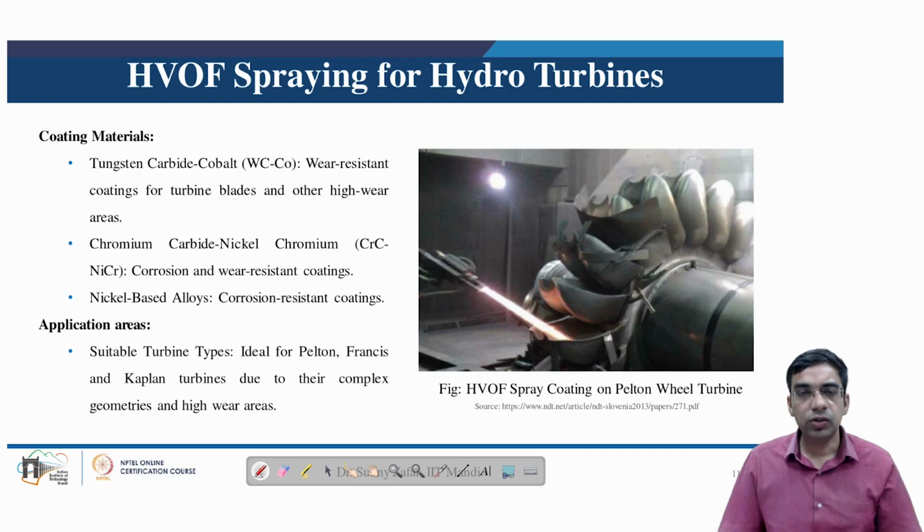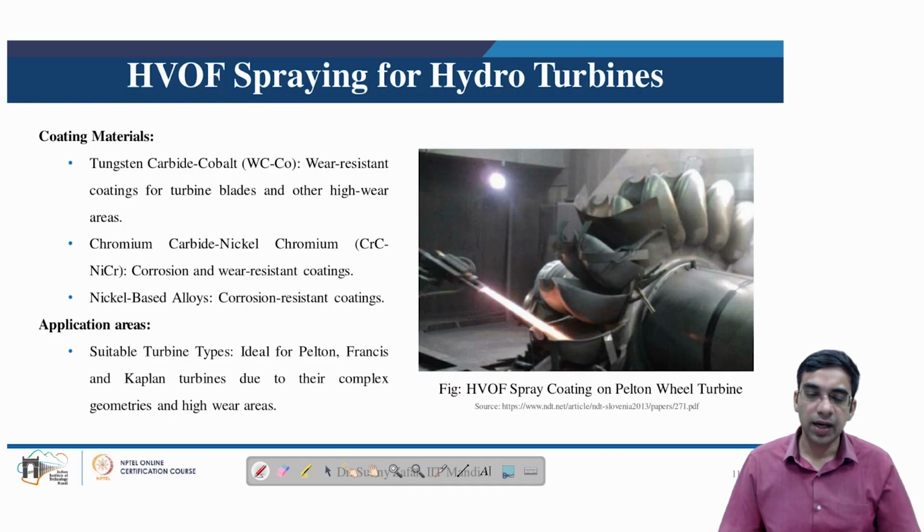With respect to the high velocity oxy-fuel spraying method, coating materials of tungsten carbide and cobalt are popular, which generate wear resistant coatings for turbine blades and other high wear areas. Other materials such as chromium carbide and nickel chromium coatings are also popular, known for corrosion and wear resistant properties.